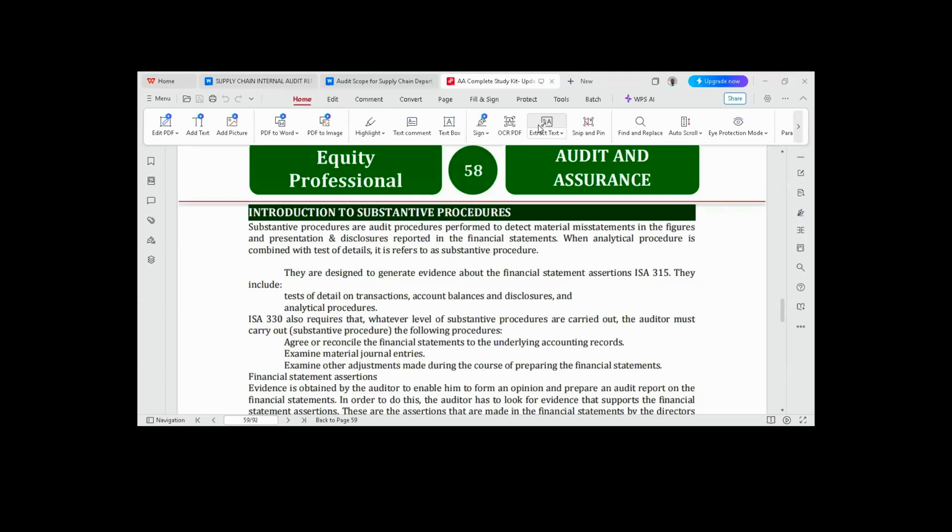So that is why, when you look at the financial statements in line with IFRS, you see that they always have comparative balances. What do I mean by comparative balances? Go and check your statement of profit or loss and other comprehensive income. Go and check your statement of financial position. You have the previous year and the current year.